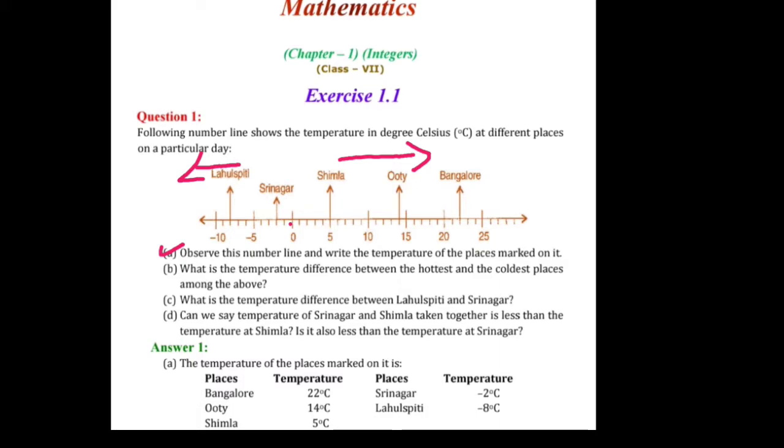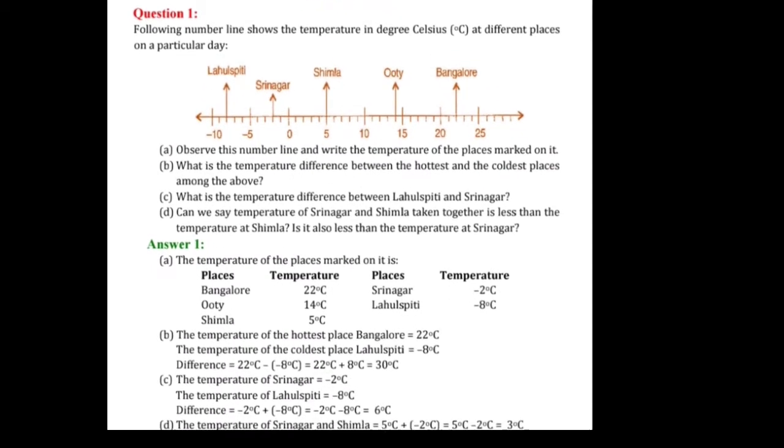Now, afterward 0 and on its right side, the first cities given are Shimla, Kochi and Bangalore. Now here we have to find out the temperature of the cities.